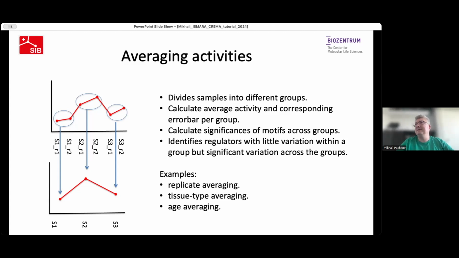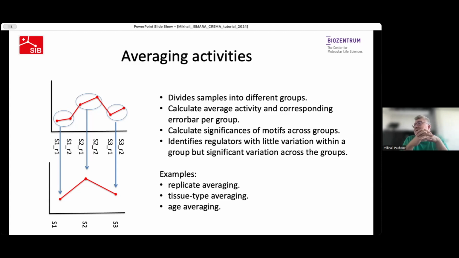What averaging does is allow you to divide samples into different subsets, into different groups, and then calculate the average activity and corresponding average error bar for every group.